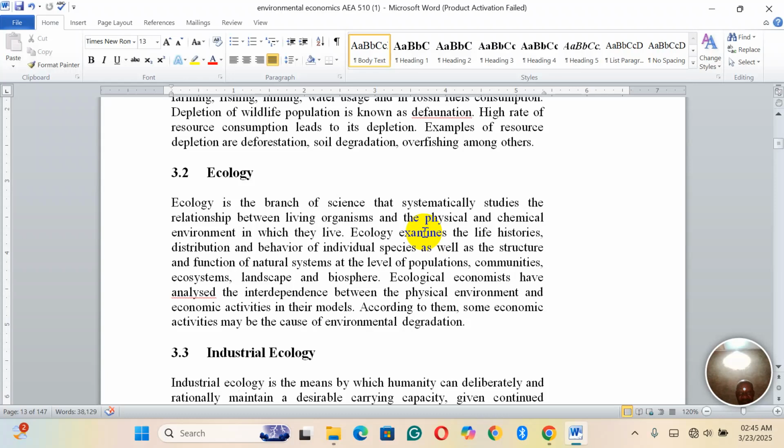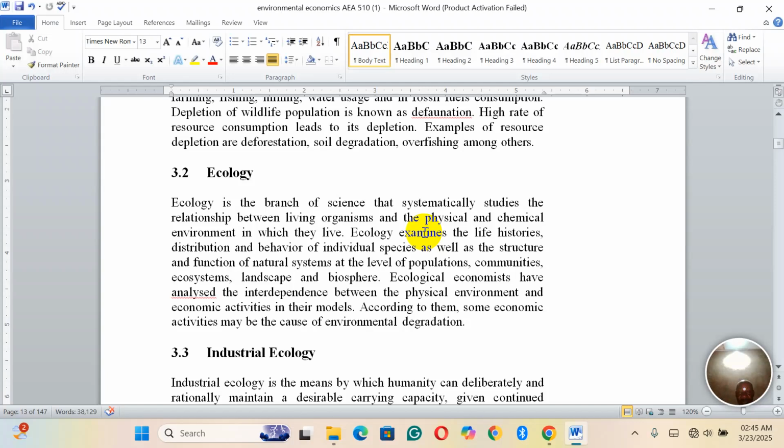So ecological economics analyzes the interdependence between the physical environment and economic activities in their model.